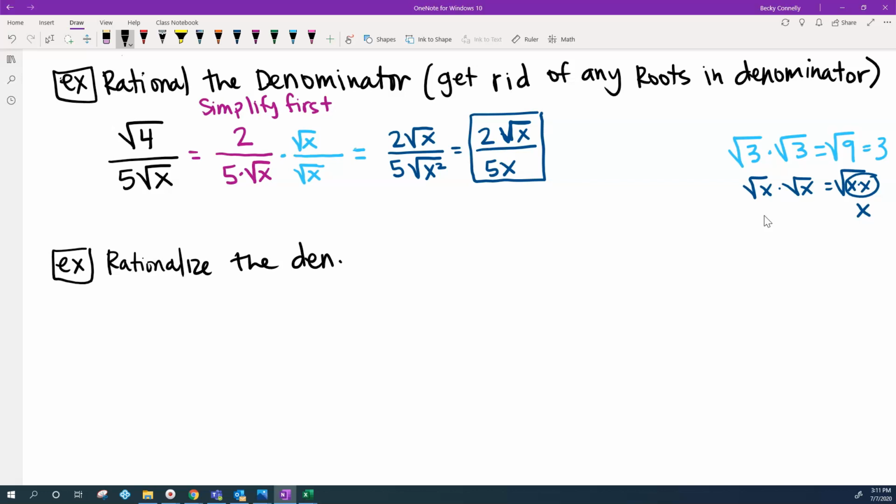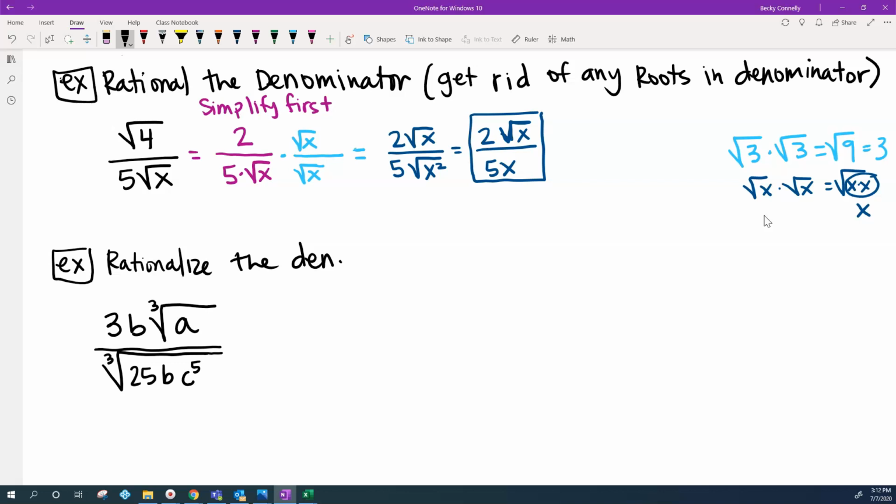And on this one, let's do this one first. So 3b cubed root of a over the cubed root of 25b c to the 5th power.